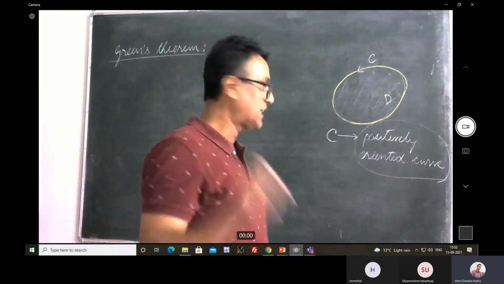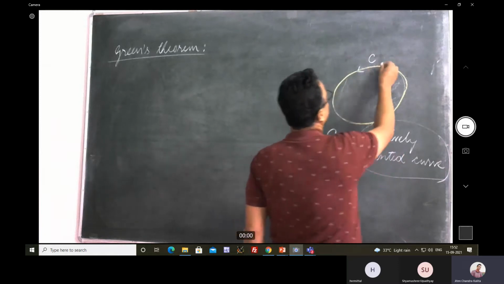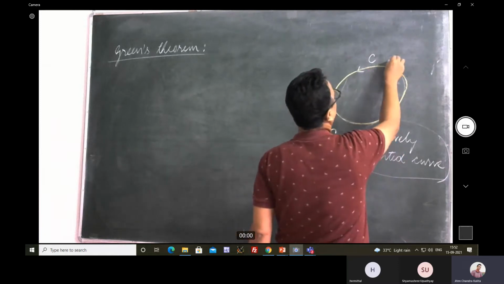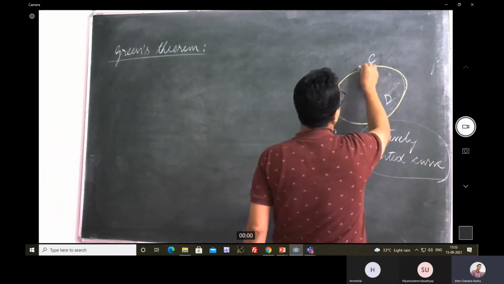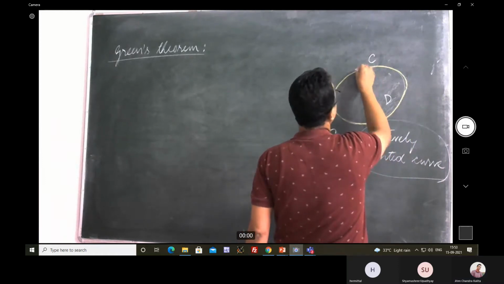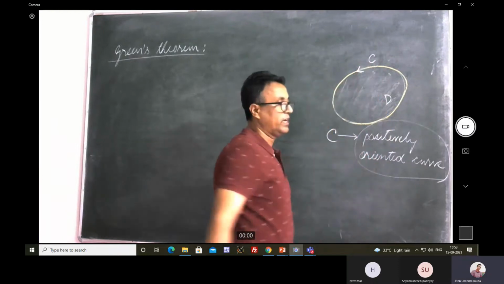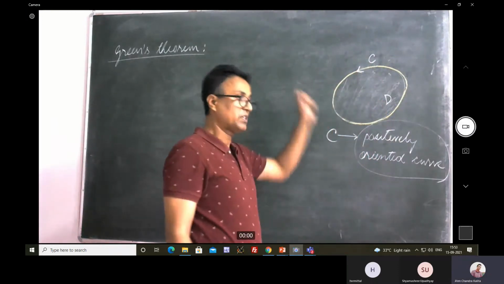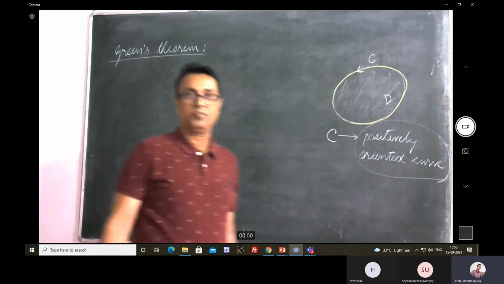What is that more than that? Whenever you move along the curve, you can move in the direction shown by the arrow head, that is anti-clockwise in this particular case, or you can move in the clockwise direction.